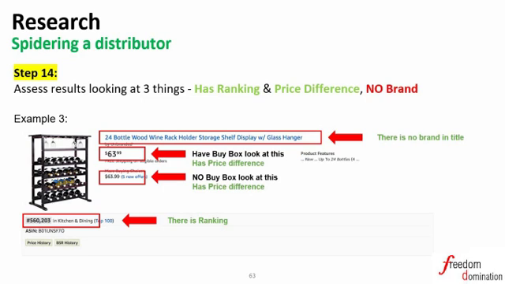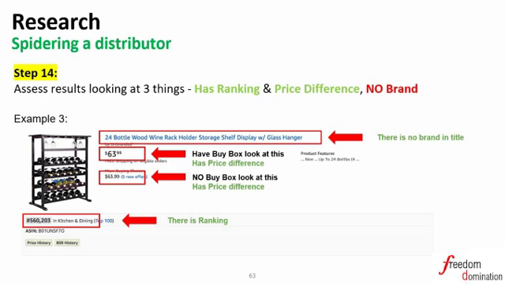And if we look at more buying options of $36.99, when there is no buy box, there is still a price difference. There is also a ranking of 560,000 in kitchen and dining.